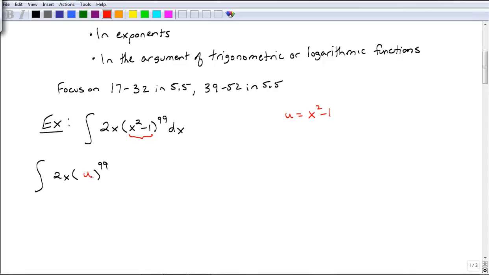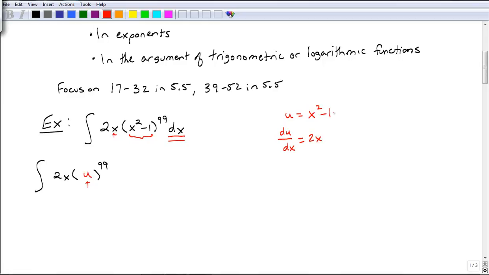So as I rewrite this integral, it allows me to rewrite that stuff in the parentheses as u. But there's something else you have to look at, and it's this dx. Dx tells me that the letter that's in the integral is the letter x. But I'm not using the letter x anymore. Now I want to use the letter u. So I can change that. I can make dx show up by taking the derivative. The derivative of u with respect to x, the derivative of x squared is 2x.